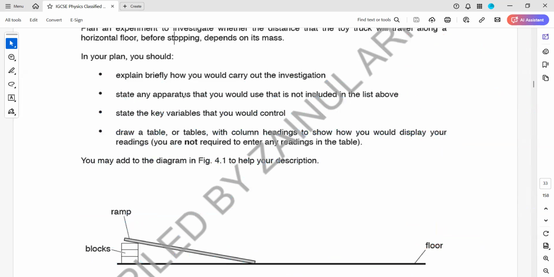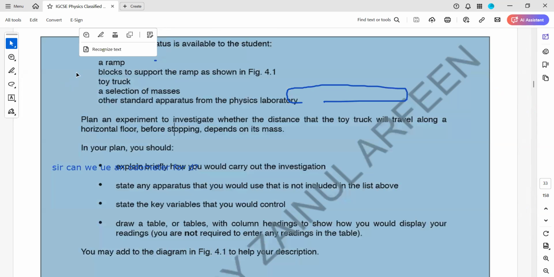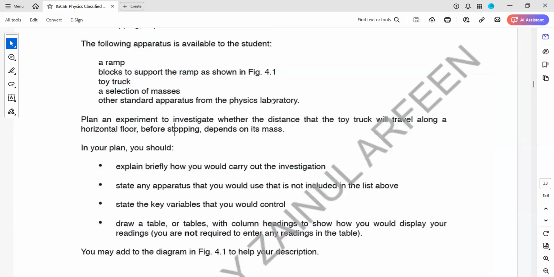The next is: state an apparatus that you would use that is not included in the list above. So in the list above, what are the apparatus which were listed above? No need for an odometer for speed.